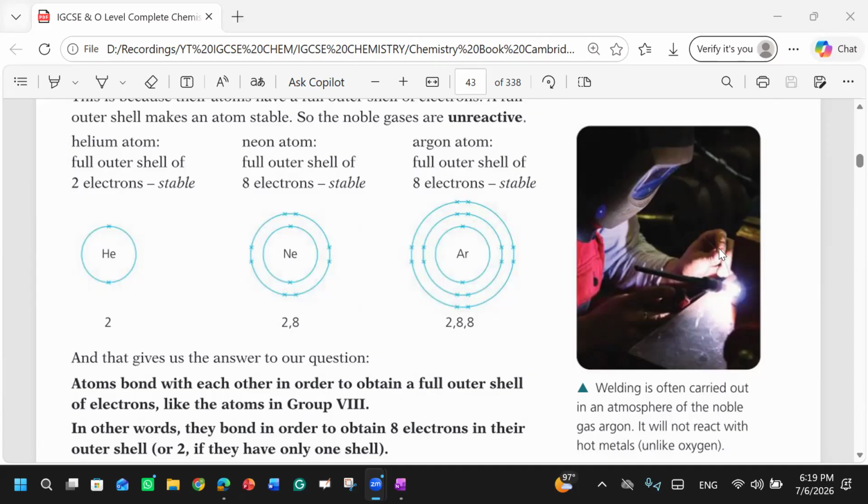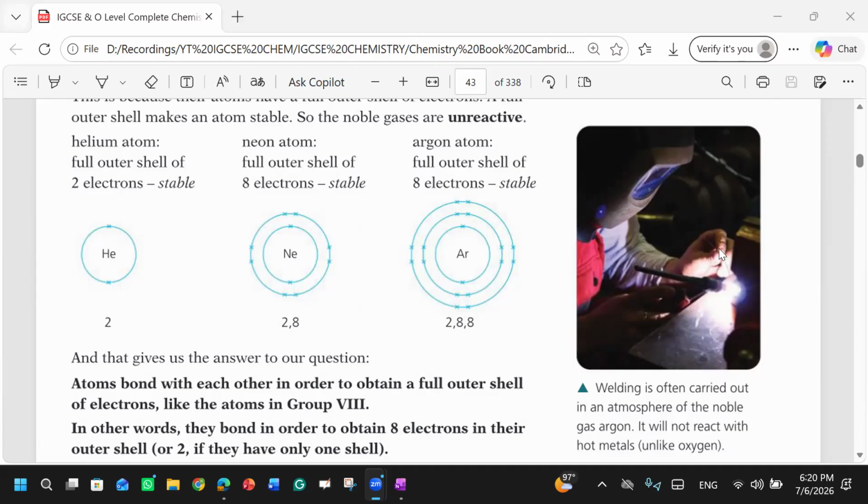Okay. So if you want to weld, the welding process, you know about this, that we weld 2 or 3 metal wires. Welding means to connect. So for welding, they say that they use argon instead of oxygen gas. Why? Because if they use oxygen, what will happen? Oxygen will react with the metal. It can convert the metal into some other form, or anything can happen.